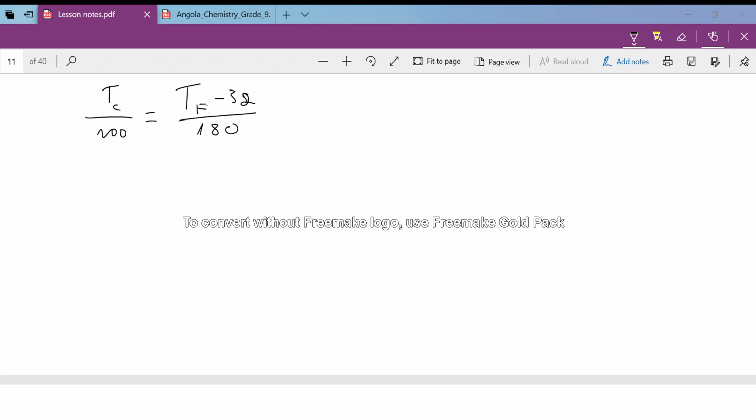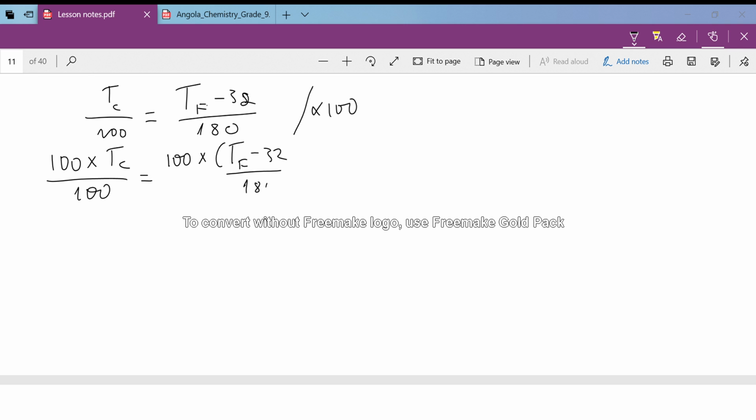If we multiply both sides by 100, then we'll have 100 times Tc divided by 100 equals 100 times Tf minus 32 over 180. Then we simplify this.